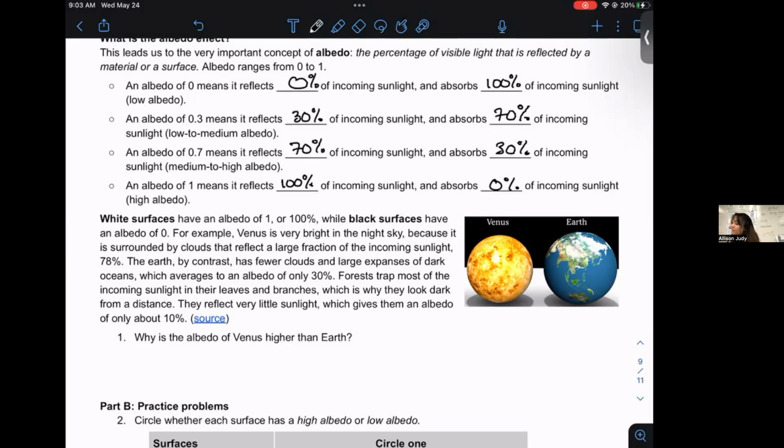Okay, they reflect very little sunlight, which gives them an albedo of only about 10%. So right now we have, geographically speaking, on Earth, 40% albedo, which is better than nothing, right? Better than nothing.